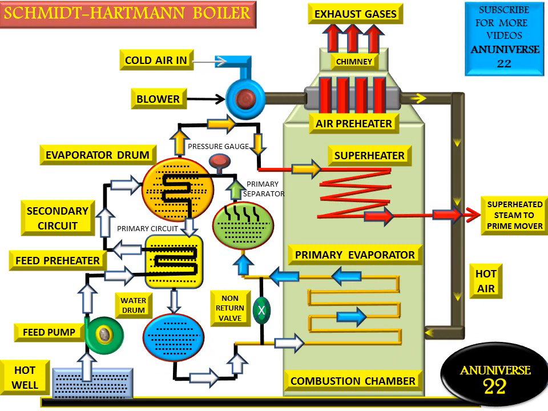When the feed pump starts to rotate, it takes water from the hot well and moves it towards the feed preheater through the coil, and through the secondary circuit it enters the evaporator drum.